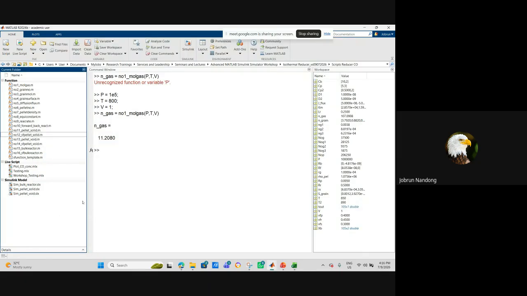You can use that one, so long as your version is not older than mine. If your version is older than mine, let's say 2023, for example, you can open it. But if your version is 2024b or later, meaning 2025 or 2026, you can always open it. Okay. Now let's just give a short demo for this one.